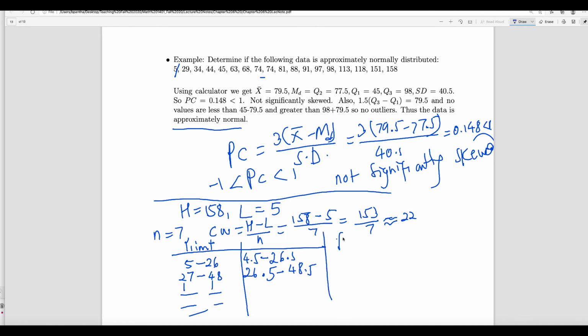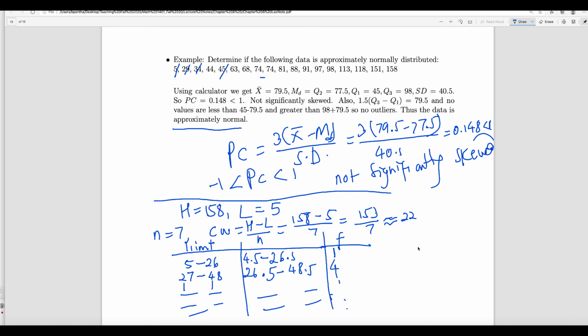To find the frequency, count how many data values are between 4.5 and 26.5, or 5 and 26 inclusive. That is only one. How many are between 27 and 48, or 26.5 and 48.5? That will be 1, 2, 3, 4. Write out all of these.